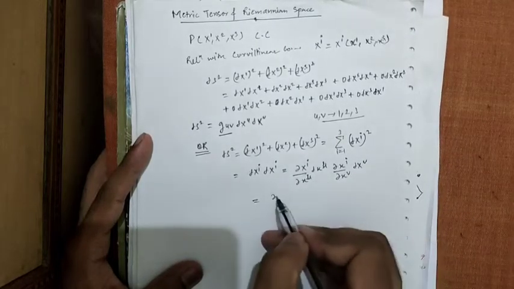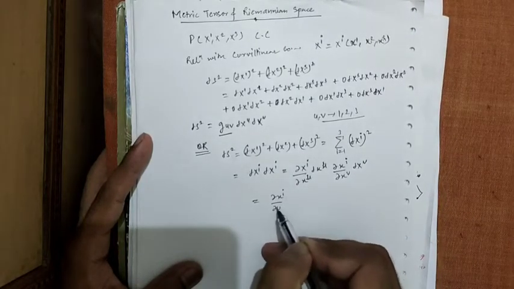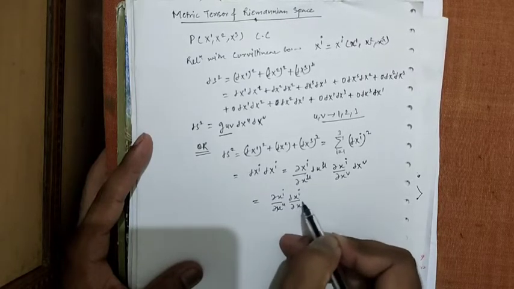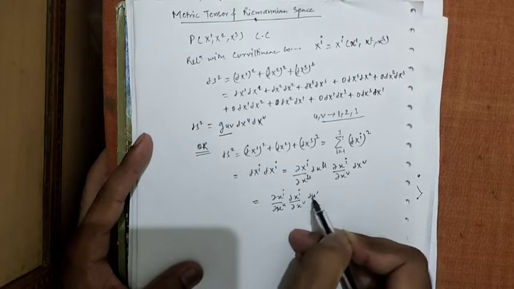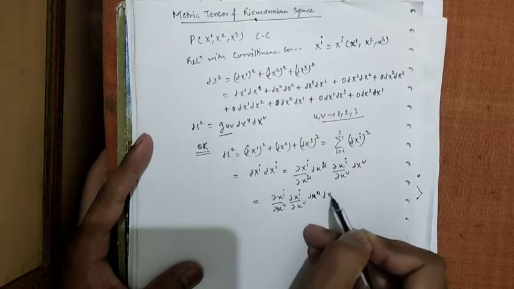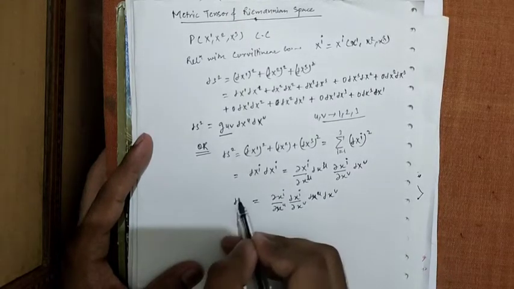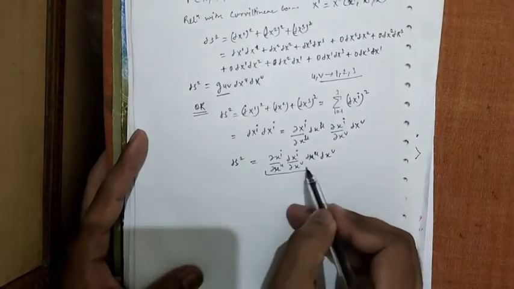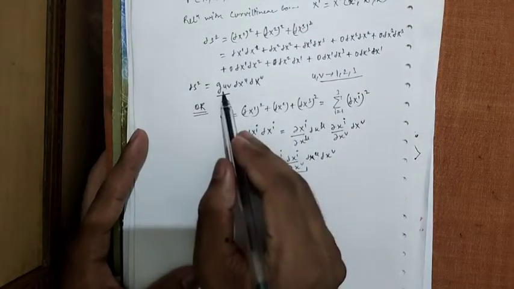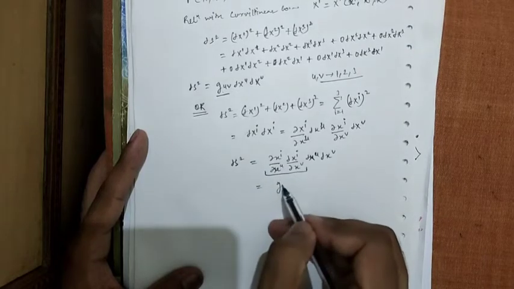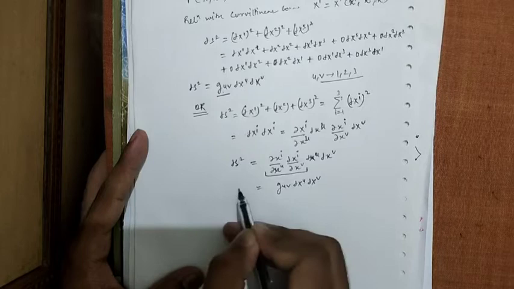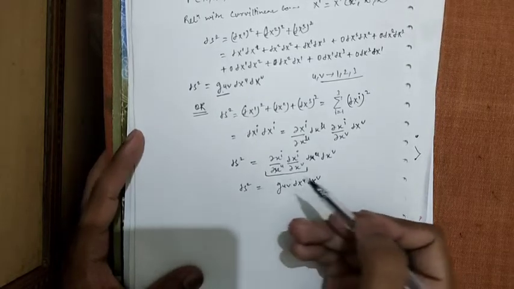So ds square equals the partial of xi over xu times the partial of xi over xv, dxu dxv, and this coefficient is nothing but our g_uv, times dxu dxv.